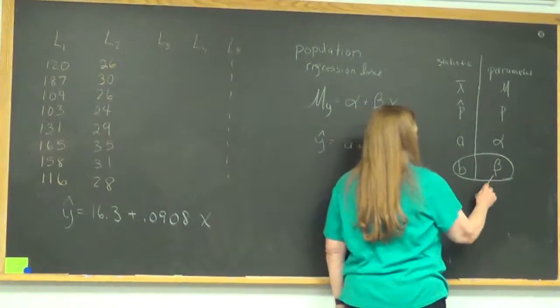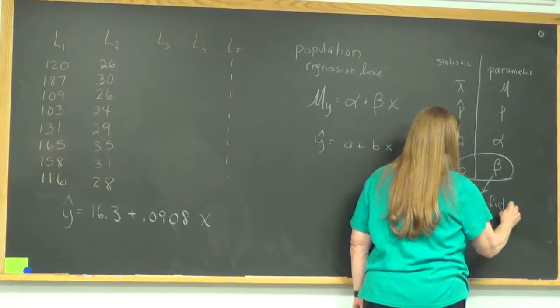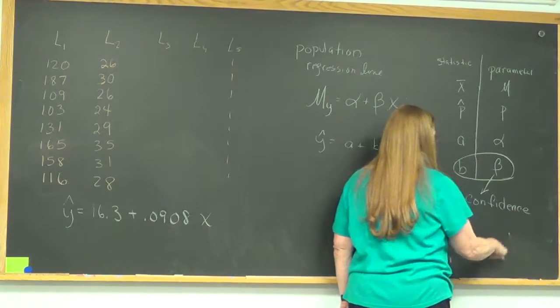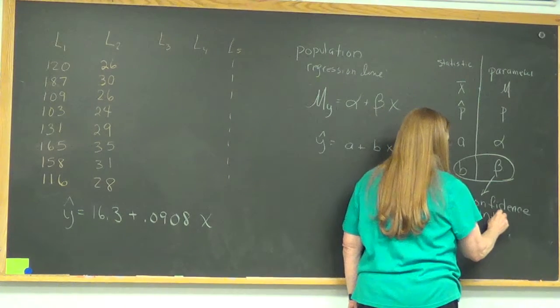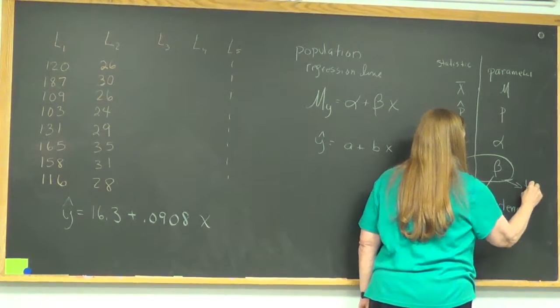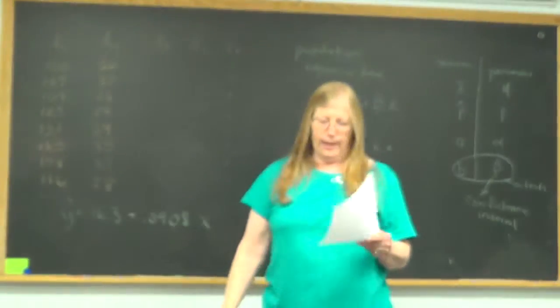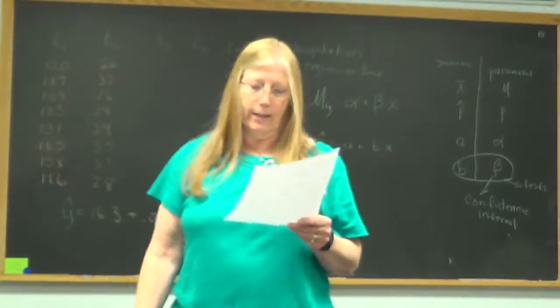We're going to develop confidence intervals, like 95% confidence intervals, and we're going to do tests, hypotheses, to figure out beta as well. We're going to teach you how to do both.